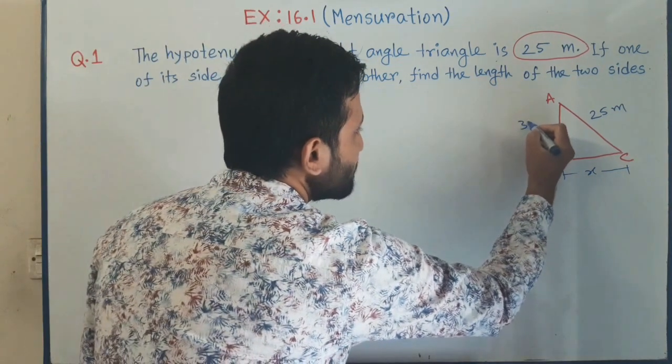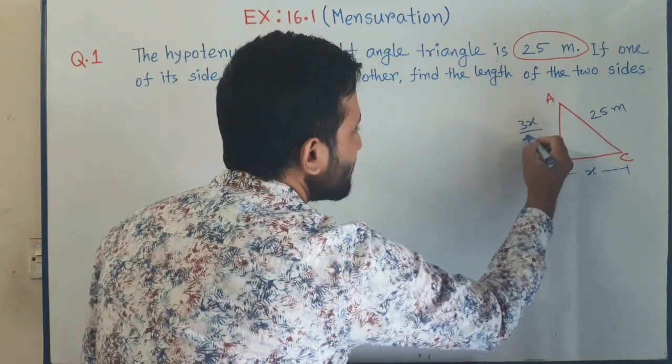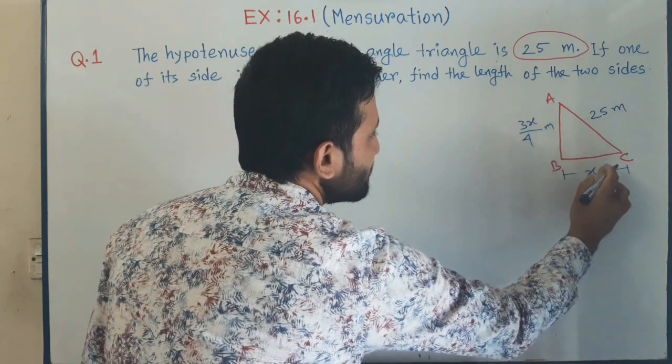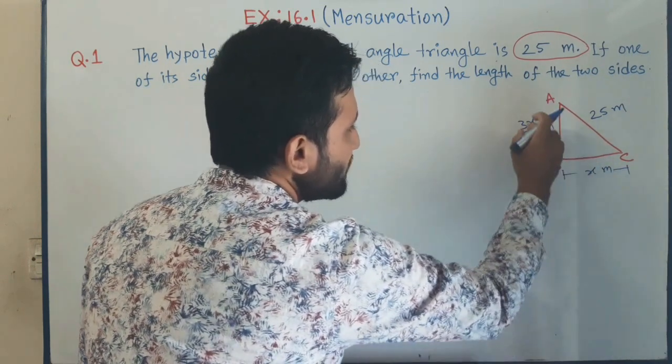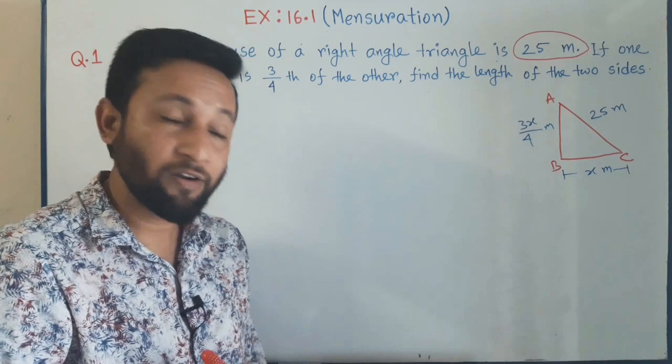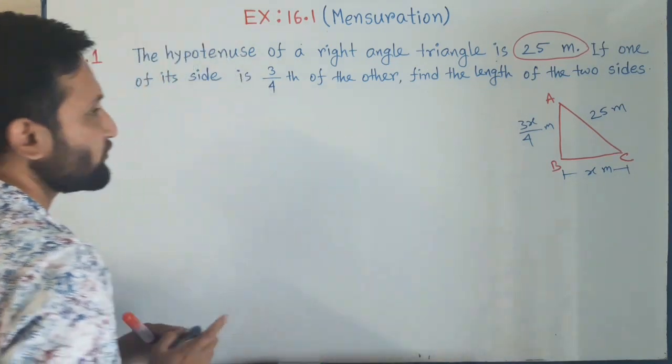So, 3x/4 meter. If one side is x meter, the other side must be 3x/4 meter. Now follow the solution process.